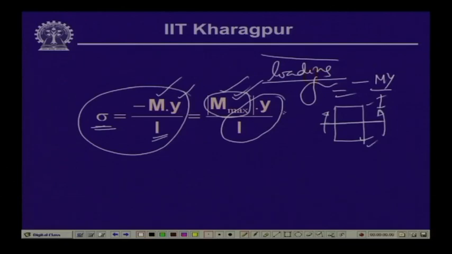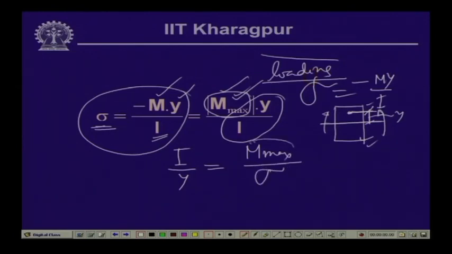Now, these two parameters I and y, basically they are dependent on the cross sectional shape of the particular beam member. So, I by y, I is the moment of inertia and y is the distance of the point where we are evaluating the stress from the neutral axis. Now, this I by y is nothing but equal to M max by sigma.